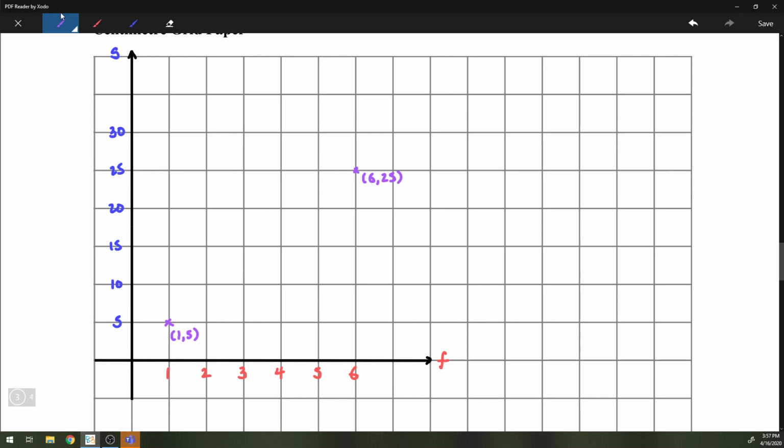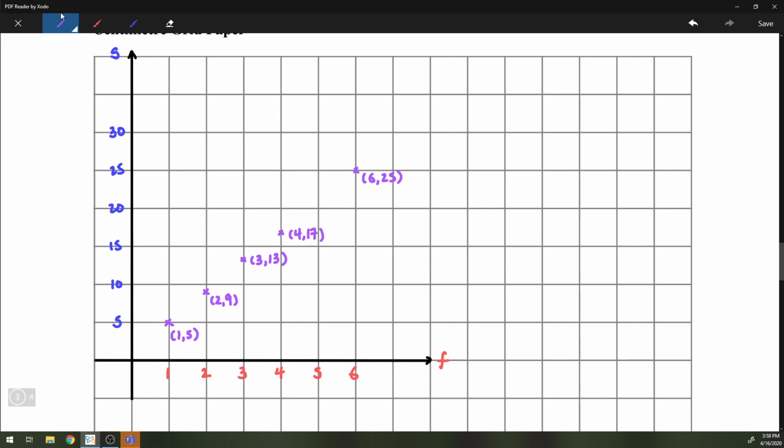For the points in between, notice that here, every square goes up by 5. So if we want to go up by less than 5, we have to go a fraction of the way up. So 2, and then 4/5 of the way up. So this will be 2, 9. And then we have 3, 13. So maybe there. 4, 17. So this is 4, 17.